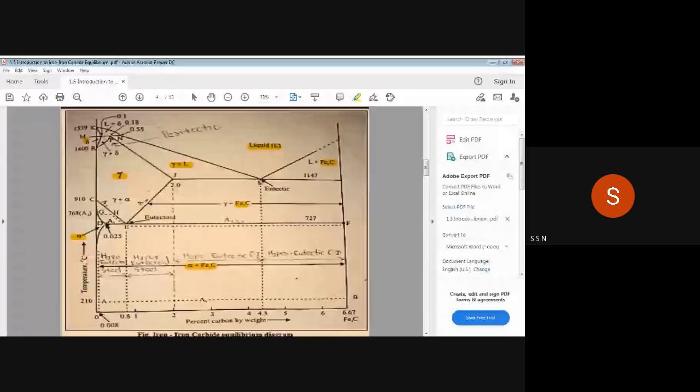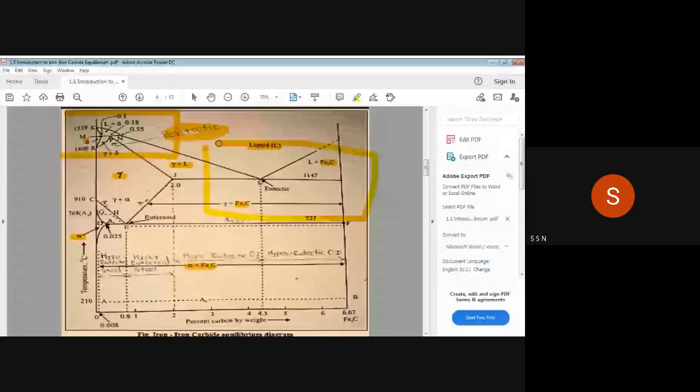Through three transformations we are studying this iron carbon diagram, and these three transformations are: first block I have drawn like this. This block is for peritectic transformation. Second block I have drawn like this. In that block one more transformation is there, that is eutectic transformation.